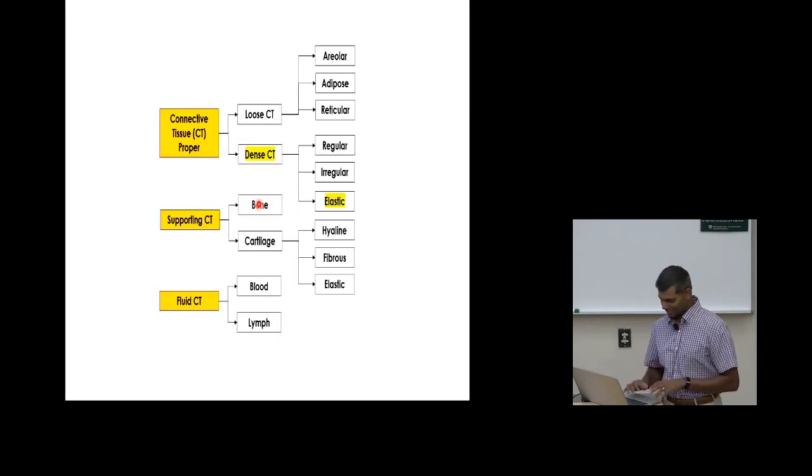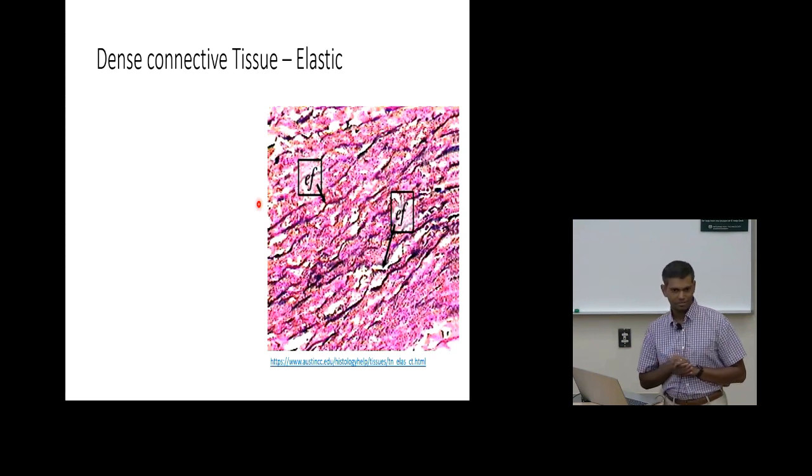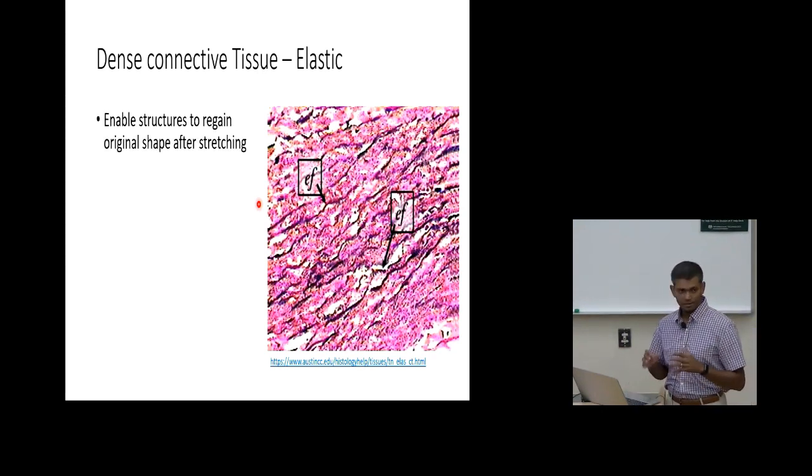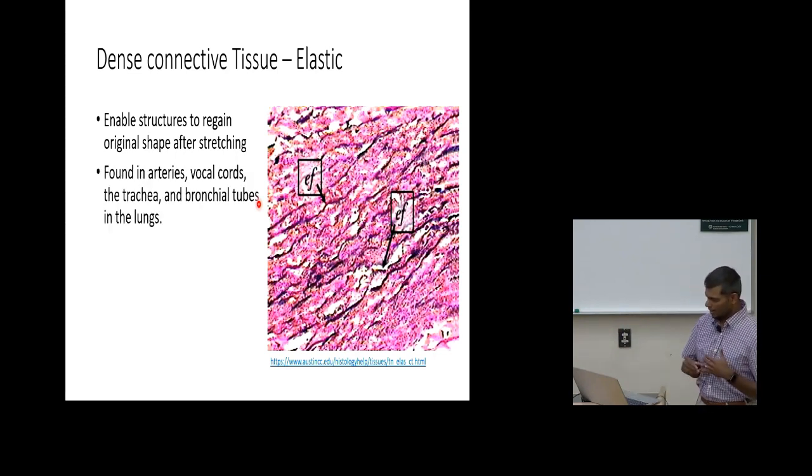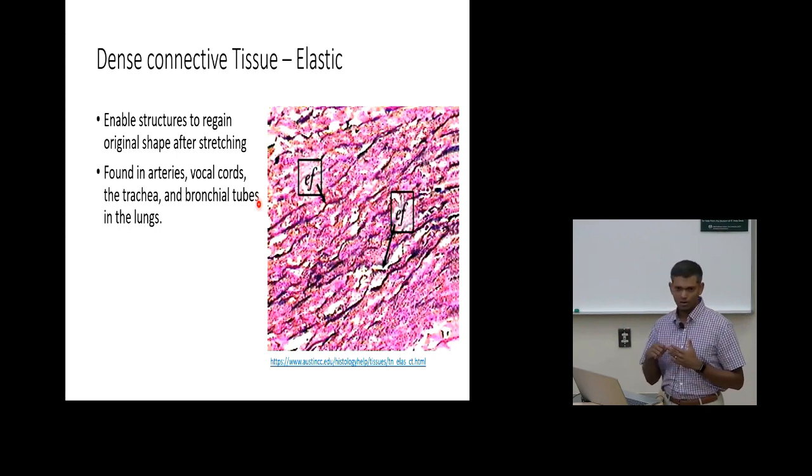And we look at elastic connective tissue. Now the thing is, this will be found in areas where there needs to be stretching, and then the structure comes back to its original shape. Examples of this include bronchial tubes or vocal cords, and also the arteries and blood vessels.